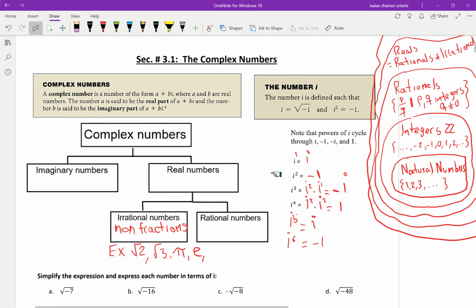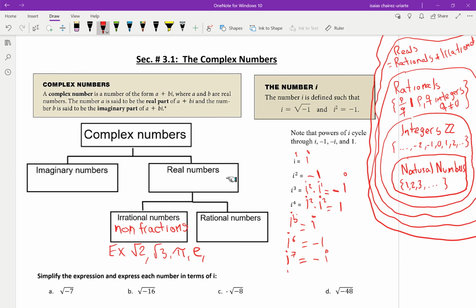Again, you could verify this using rules of exponents. Just for the sake of time, I'm just going to make you aware of this, but definitely verify it by using rules of exponents, and there could be several rules of exponents that you could use to verify this. i to the seventh should be the same thing as i to the third, so that is -i.